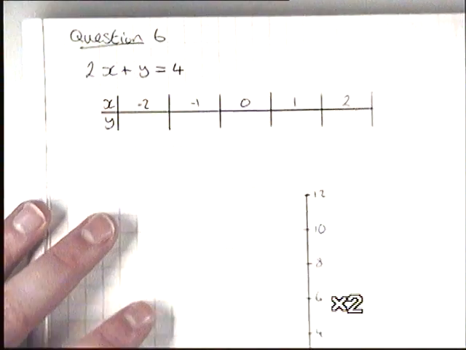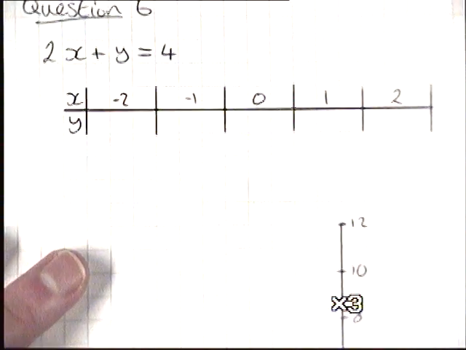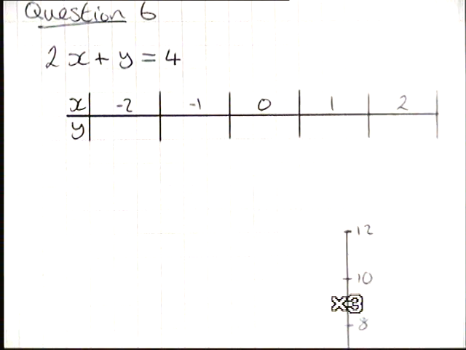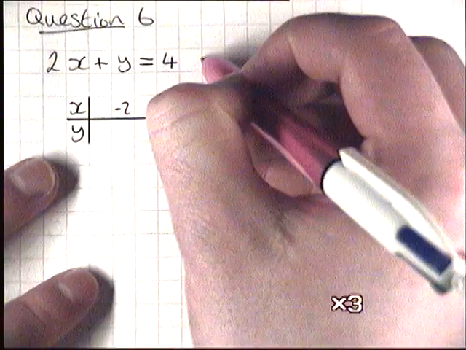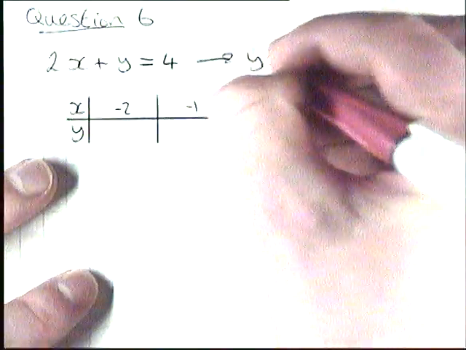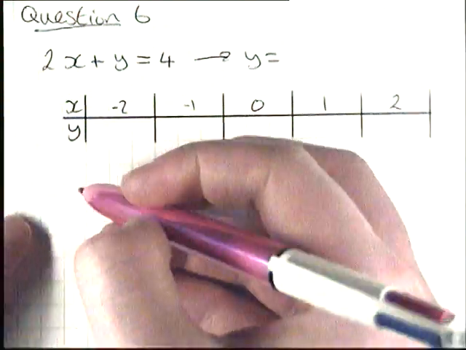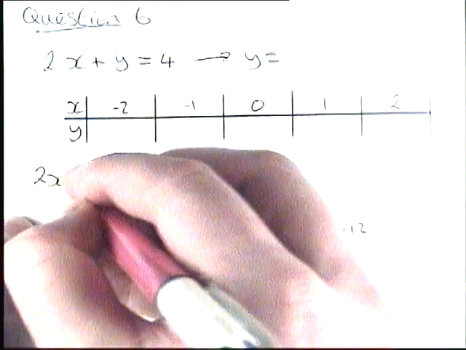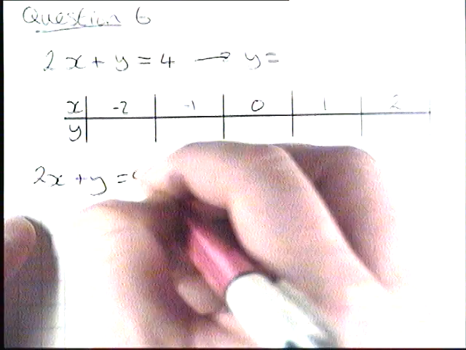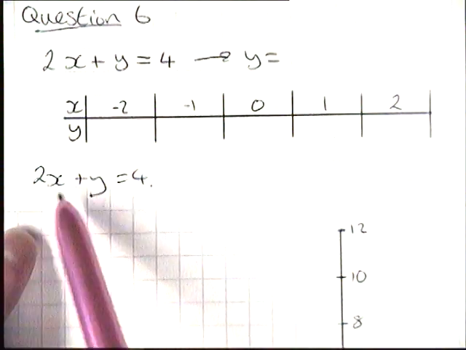Question 6. Again, we need to get our equation in the form y equals. So we're going to rearrange our equation. So to get the y on its own, we need to move this 2x.